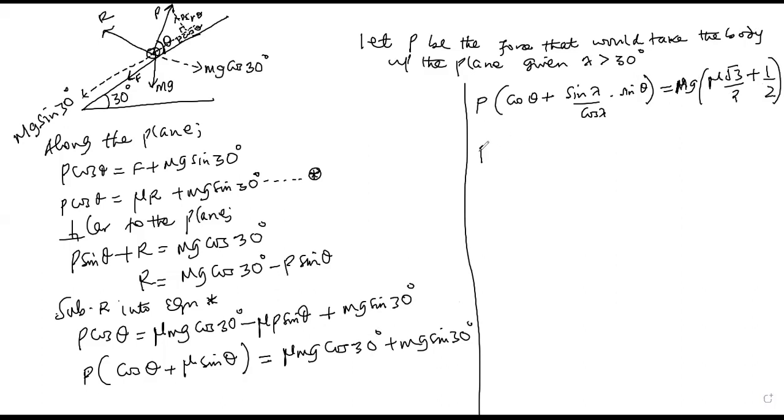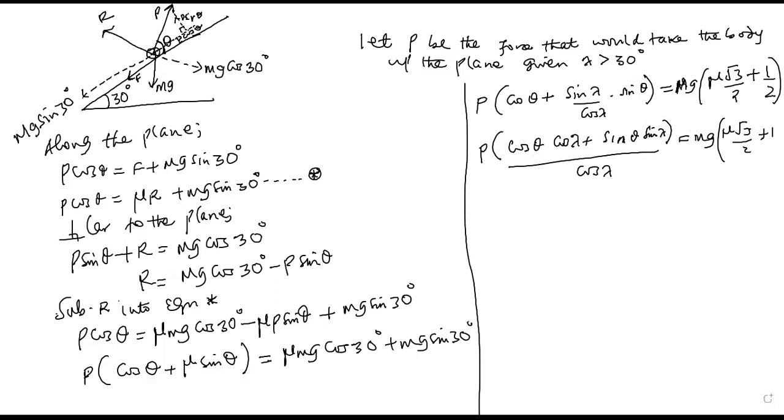So here it is going to be P into cos theta cos lambda plus sine theta sine lambda, over cos lambda, is equal to mg, mu root 3 over 2 plus a half.